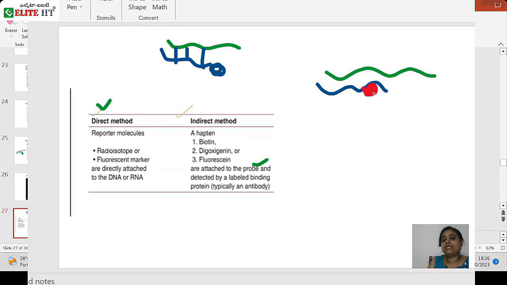Your probe is attached with biotin or digoxigenin, or fluorescein. In this case, mainly biotin is used in most cases. Either biotin or digoxigenin is used. But biotin is not giving any color because it is not a fluorescent compound.